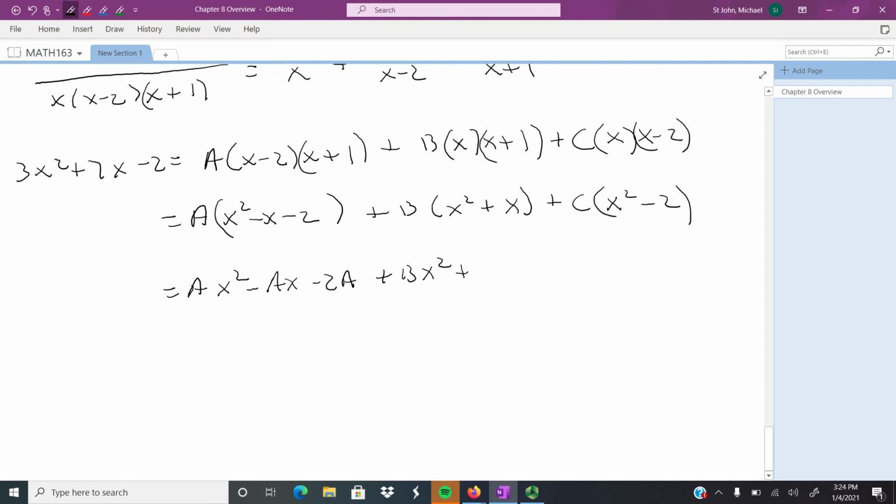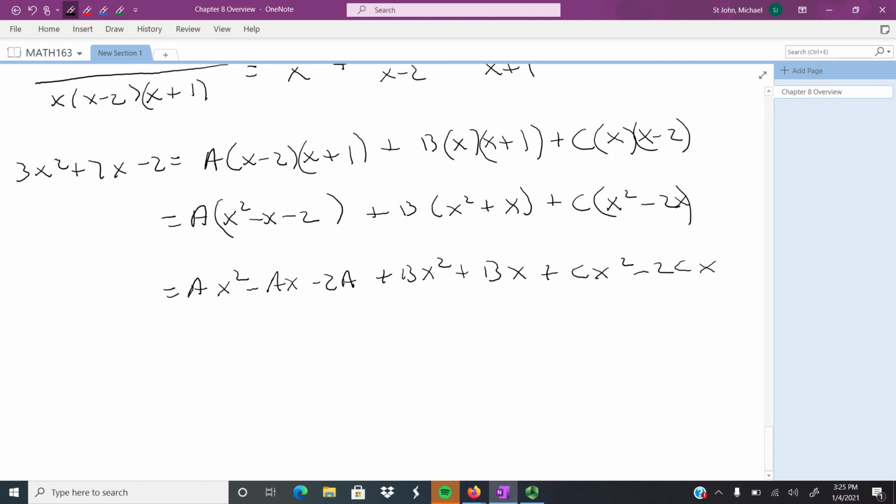There we go. bx squared plus bx. And this should be x squared, this should be minus 2x, plus cx squared minus 2cx. All right. So we get that.